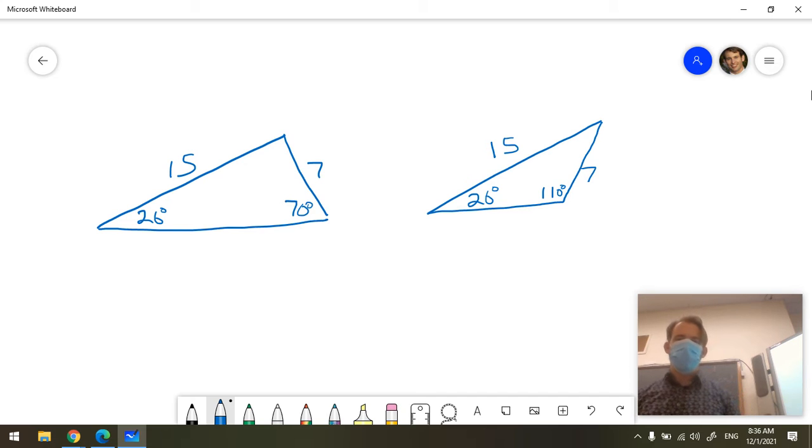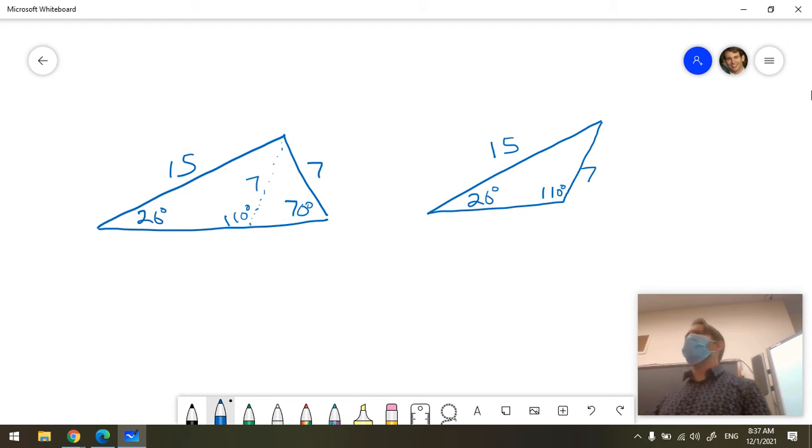Both triangles are possible given the initial conditions we set. And this is called the ambiguous case of the sine law. It is ambiguous from the information given whether we have that triangle or this triangle here. These are still both 7, but this is 110 degrees here, and this is 70 degrees here.